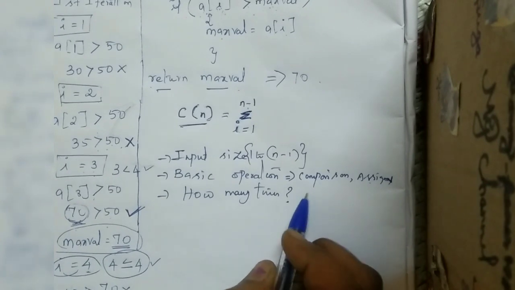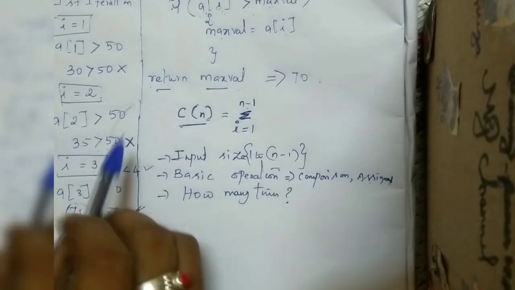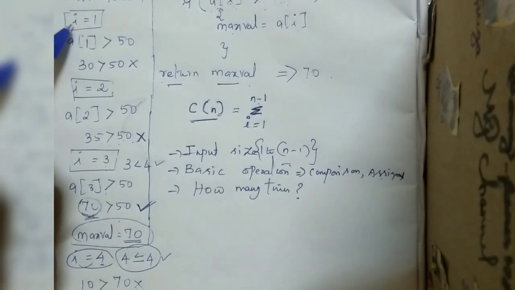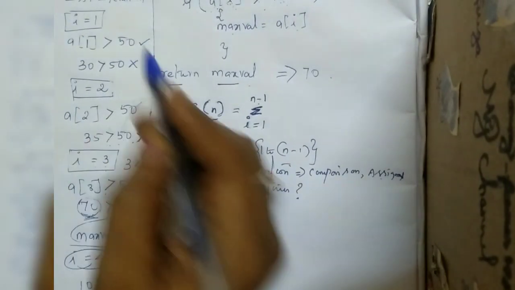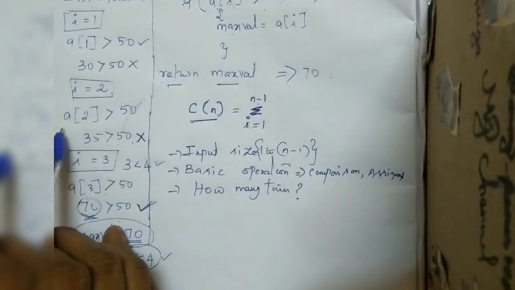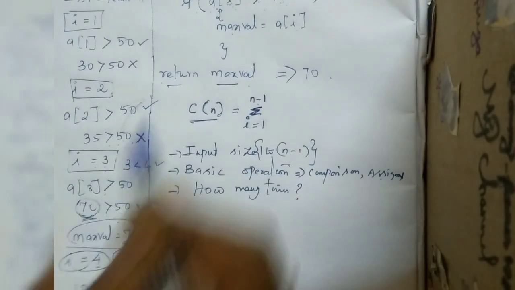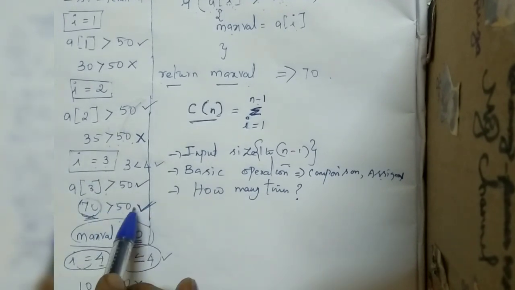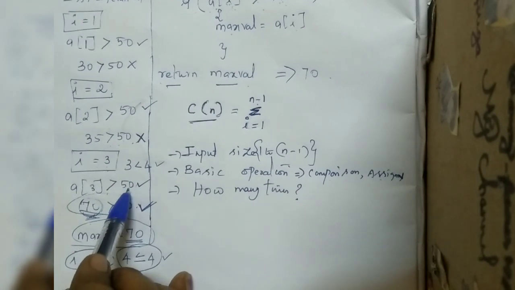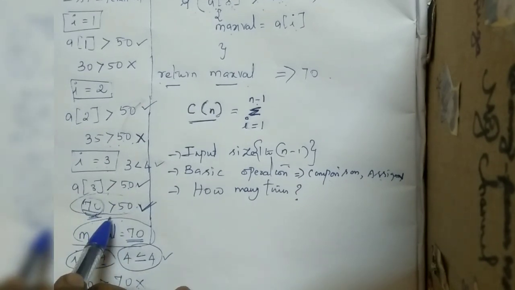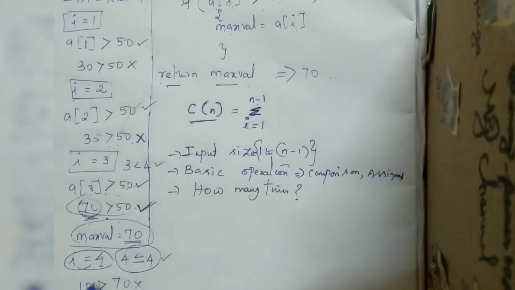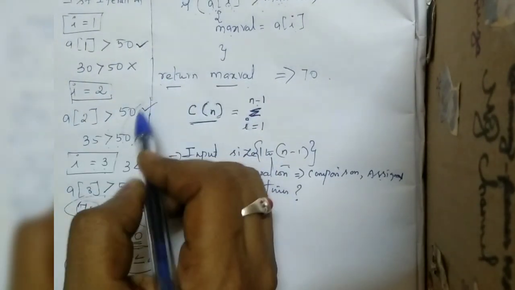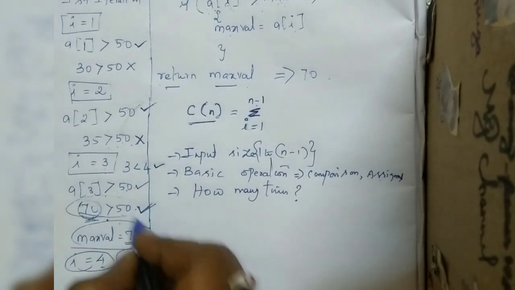How many times are these operations going to execute? In each and every iteration, for i equal to 1 the comparison operation is executed, for i equal to 2 the comparison is executed, and for i equal to 3 the comparison is executed and the assignment operation is also executed, because only whenever the condition is true will the assignment operation get executed.